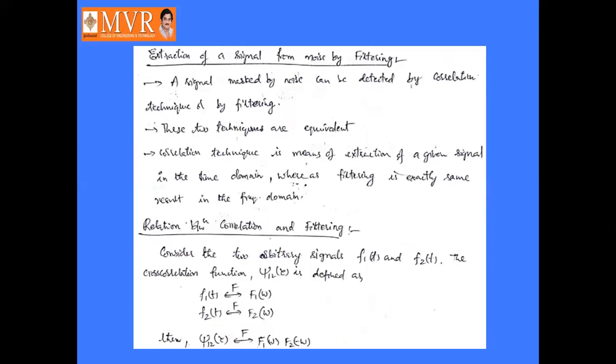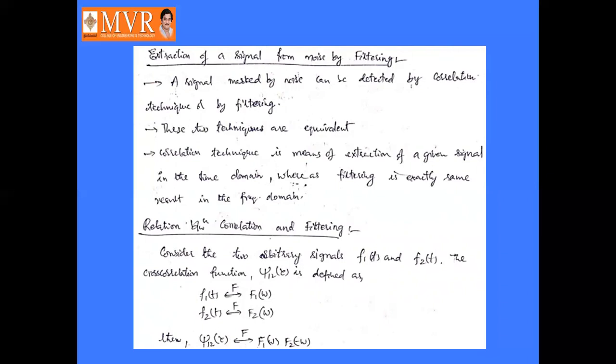Okay, next we will see the extraction of a signal from noise by filtering. One is the correlation technique. By using the correlation technique, we can detect a periodic signal in the presence of noise. And another way is extraction of a signal from noise by filtering.